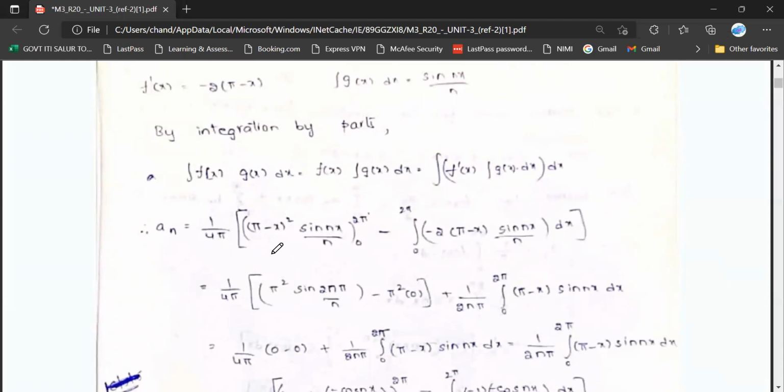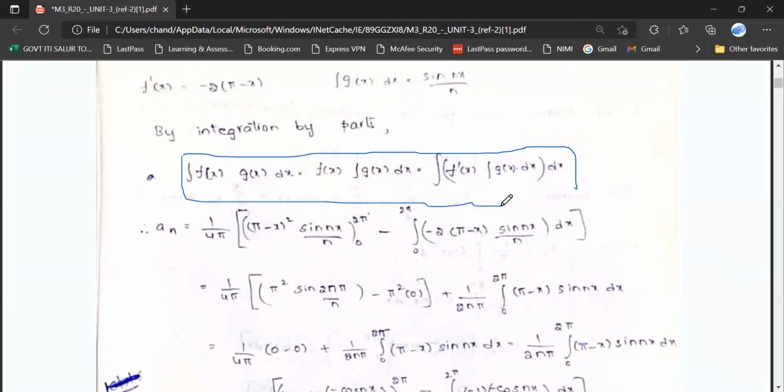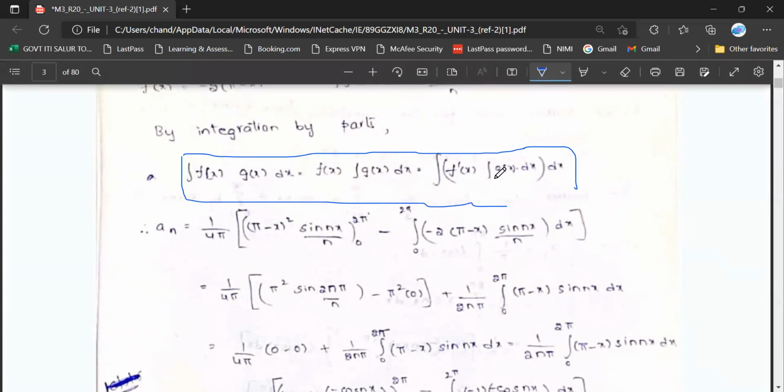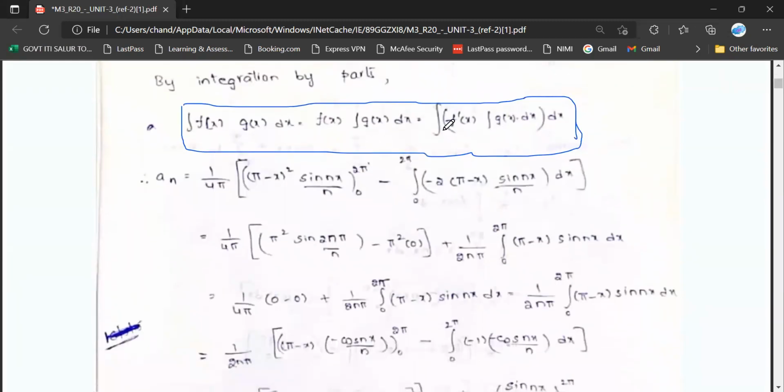The formula for integration by parts is the integration of f of x g of x equals f of x times the integration of g of x, minus the integral of f dash of x into the integration of g of x. So we take the derivative of f of x and the integration of g of x. This formula is called integration by parts.